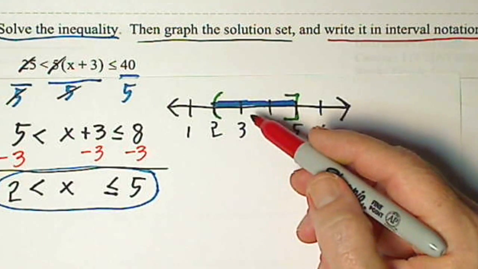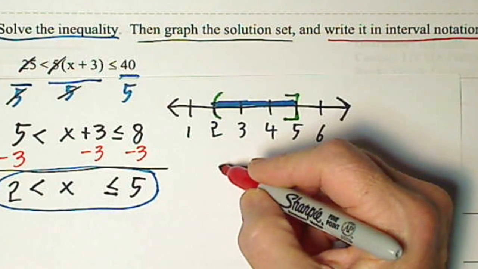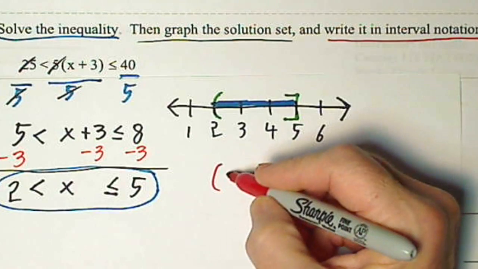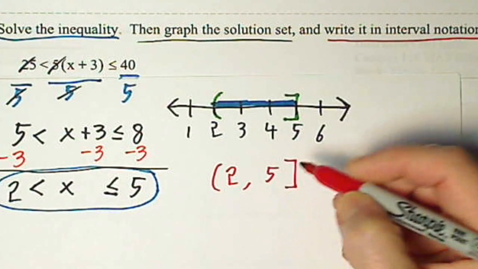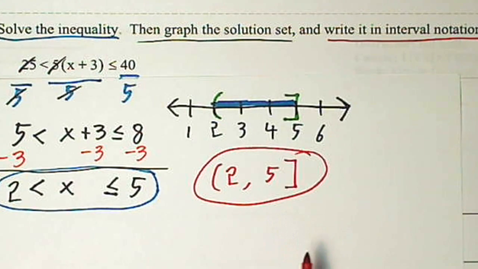You might find it easiest to go from the graph to interval notation. Two comma 5, and this is our interval notation.